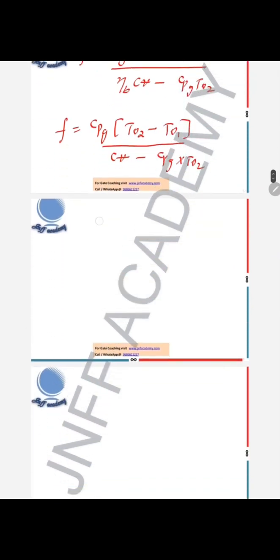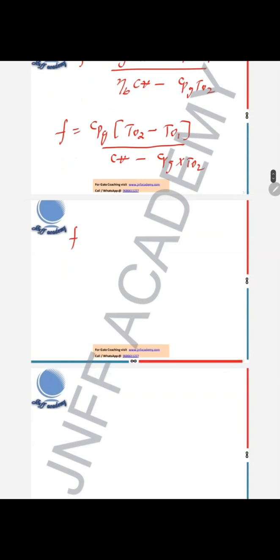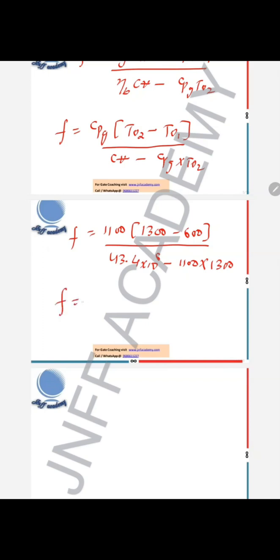Let us substitute the values and get the answer. That is F is equal to Cp of gas, given as 1100, into outlet temperature 1300 minus 600, divided by 43.4 into 10 power 6 minus Cp of gas 1100 into outlet temperature 1300.